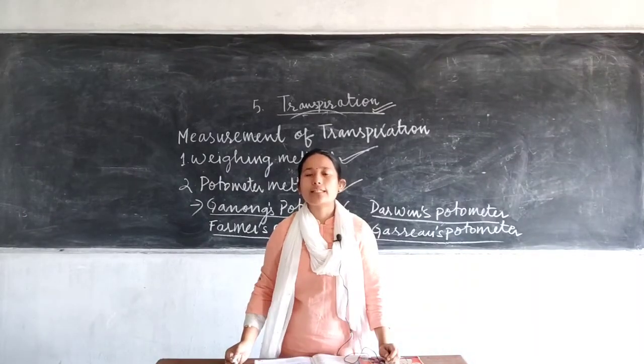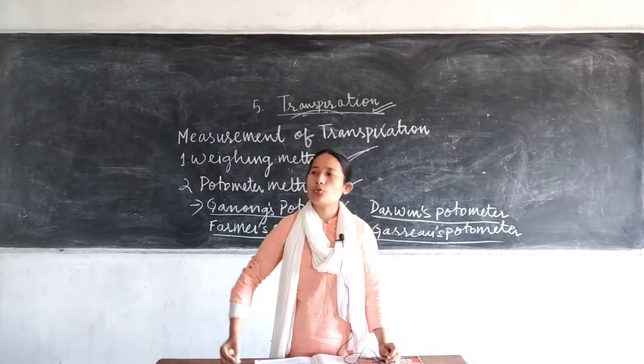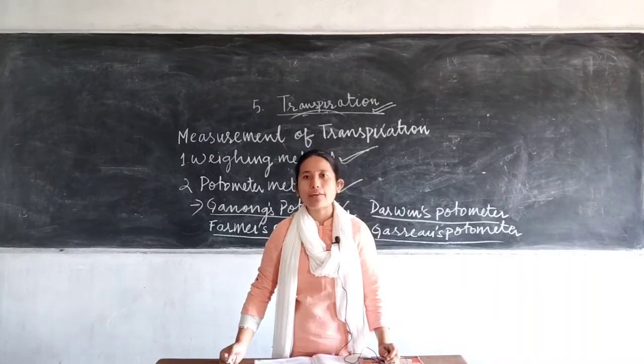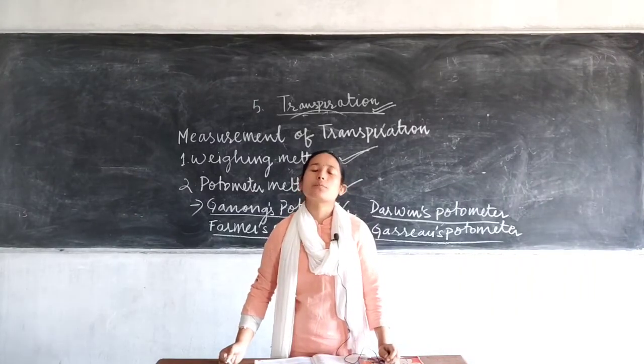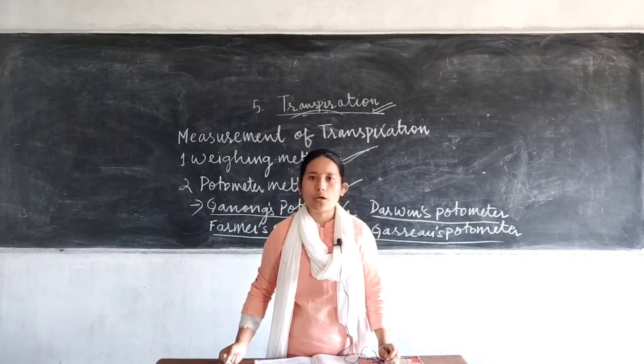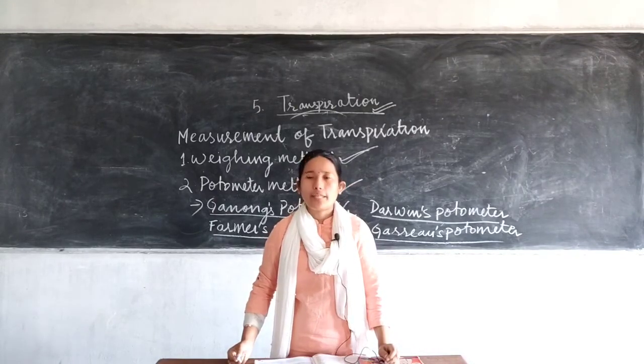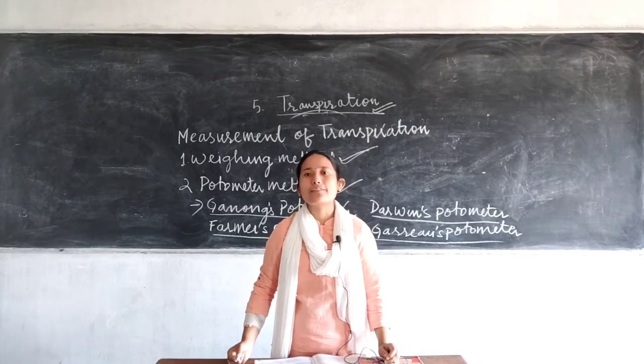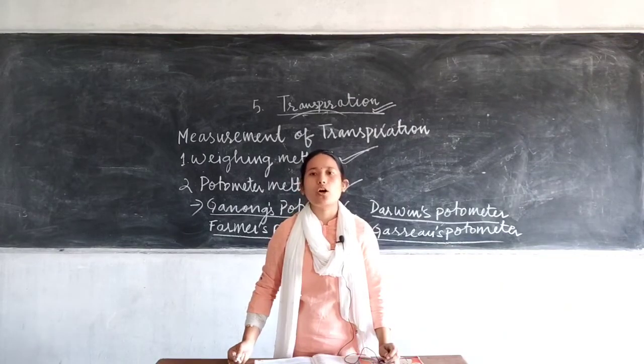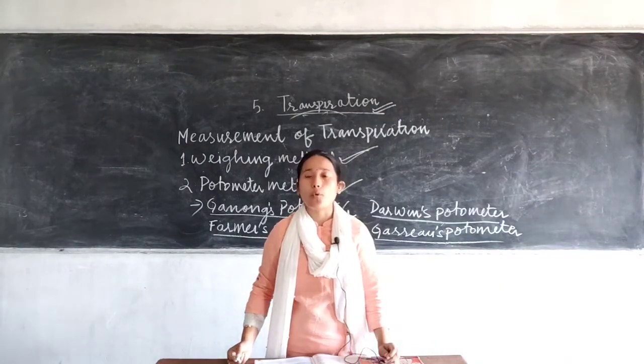After taking the reading, you will expose that potted plant to the sunlight for a few hours. After being exposed to the sunlight for a few hours, you will take the measurement of that potted plant again. There you will see a slight difference in the weight of that potted plant.